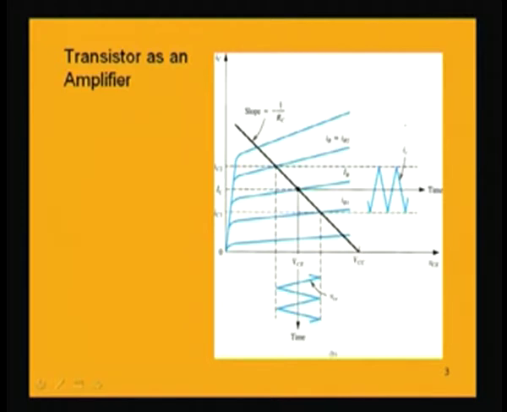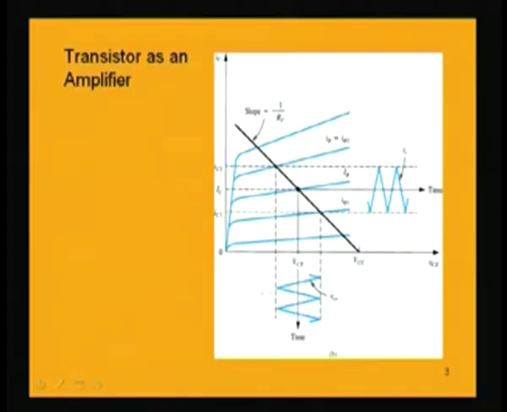If the transistor is overdriven, one portion of the output signal, which is VCE, will be cut off. If it enters into saturation, the negative half will be clipped off. If it enters into cutoff, the portion in the positive half will be clipped. So, we will not get a faithful amplification, rather we will get a distorted signal.